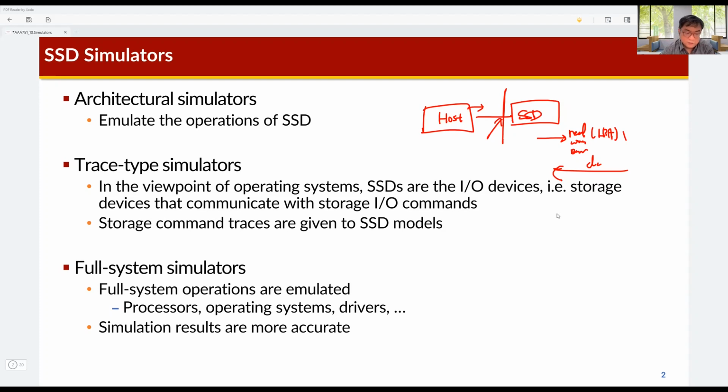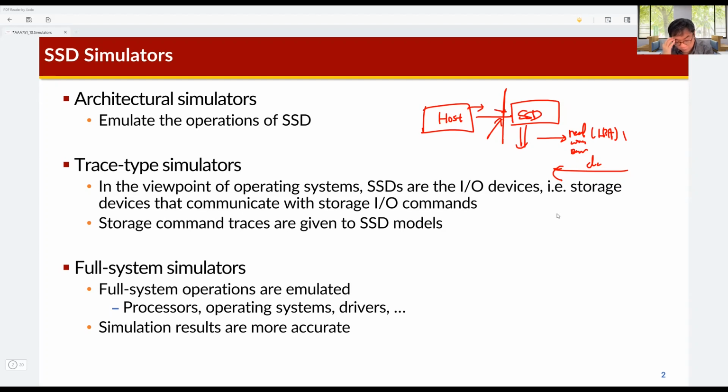So trace type simulators just implement the operation of SSDs, and these simulators receive the host commands here, and then the SSD performs the host commands, and we just measure the performance or cost metrics such as power.